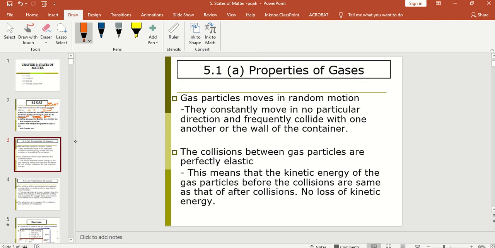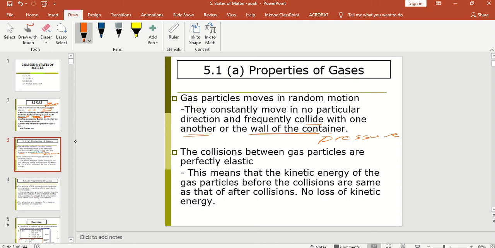They constantly move in no particular direction, tiada arah yang specific. They frequently collide with one another and the wall of the container. Collision antara zarah-zarah dan juga zarah dengan dinding bekas. This collision will give rise to pressure. Inilah di mana datangnya tekanan from the collision.